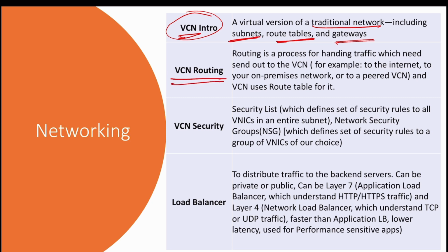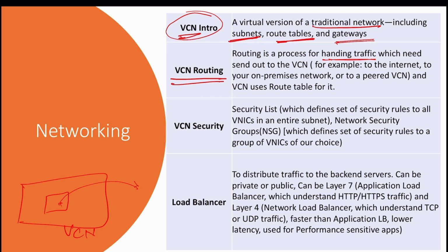We will talk about the VCN routing. Routing is the process of handling traffic which needs to be sent out of the VCN. Like we are having our instance inside a virtual network. So this is our VCN, and here we are having the instance. But how will this machine communicate, how will the traffic move out from one VCN to another VCN or from our machine to the internet?